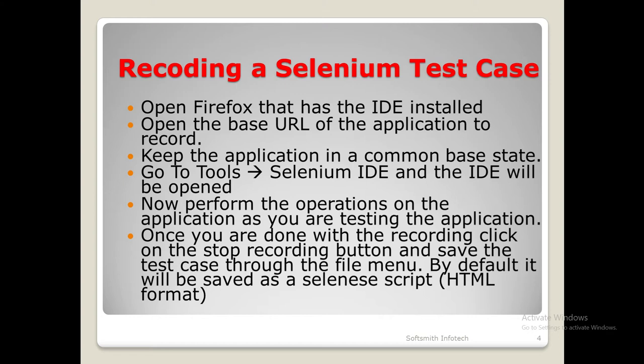Next, go to Tools, Selenium IDE, and the IDE will open. Next step is to perform the operations on the application as you are testing that application. And the last important step: once you are done with the recording, you have to click on the stop recording button and save the test case through the File menu.